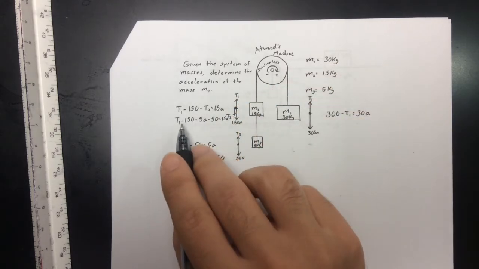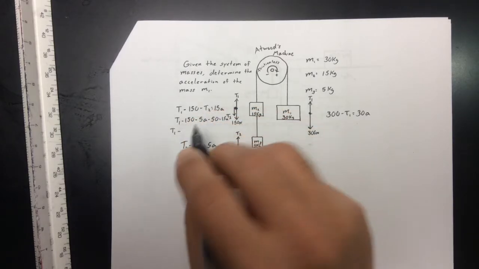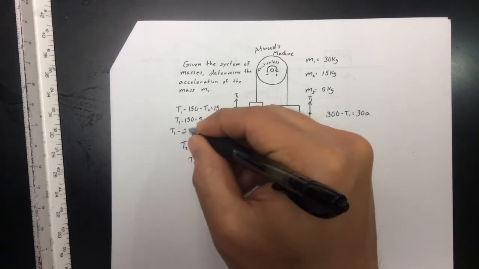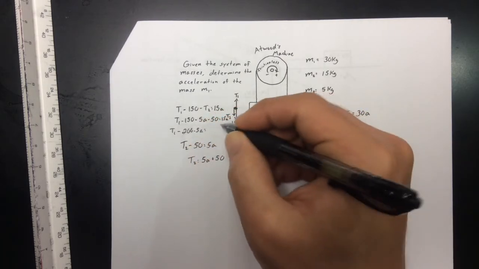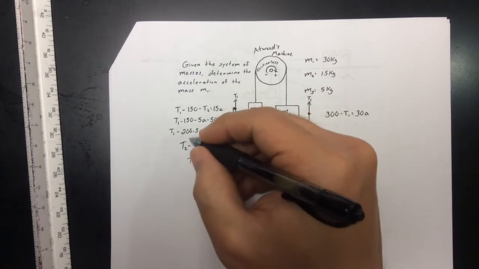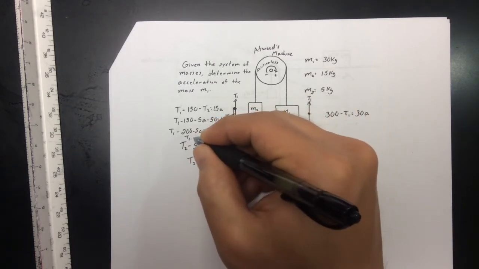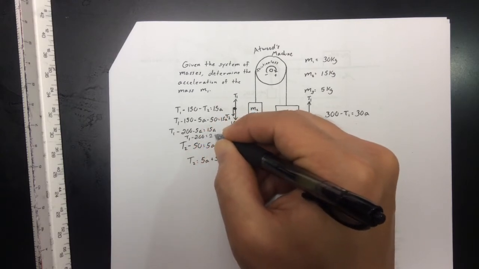And let's see, I have things that are in common. T1, again, minus 150 minus 50, minus 200, minus 5a is equal to 15a. And I'll move that 5a to the other side. T1 minus 200 is equal to 20a.